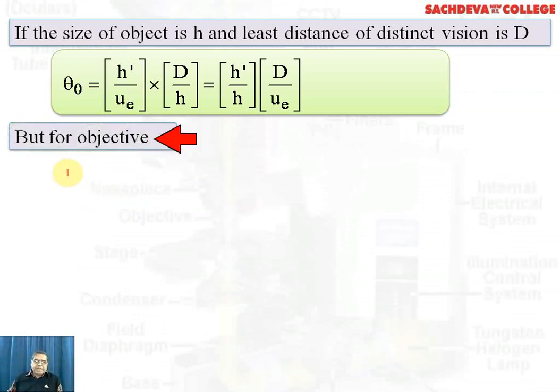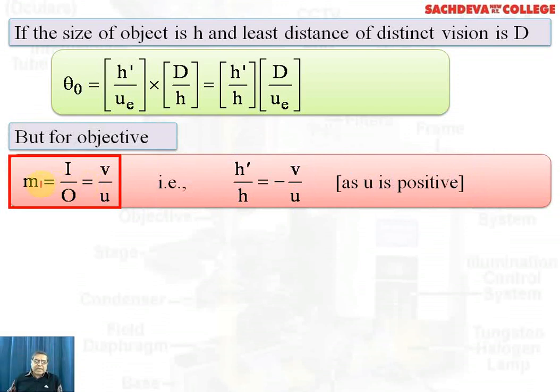But for the objective, m is I over O, that is size of image divided by size of object. Or magnification can also be given as the distance of image divided by distance of object. That is, h dash over h will be equal to minus v over u, as u is positive.